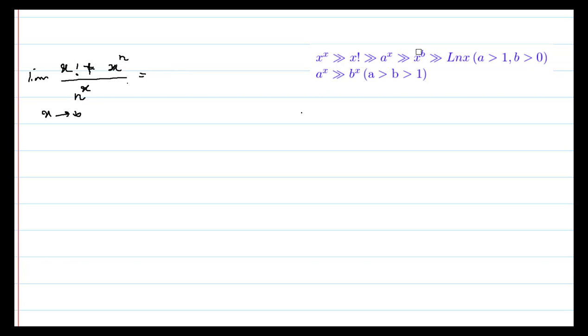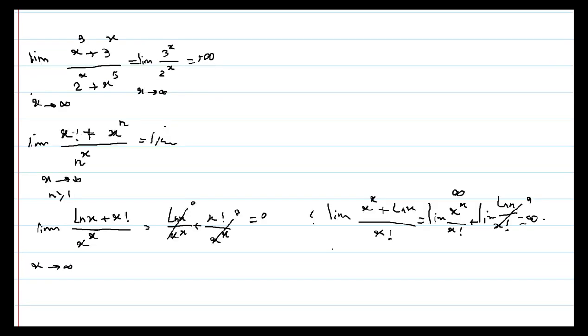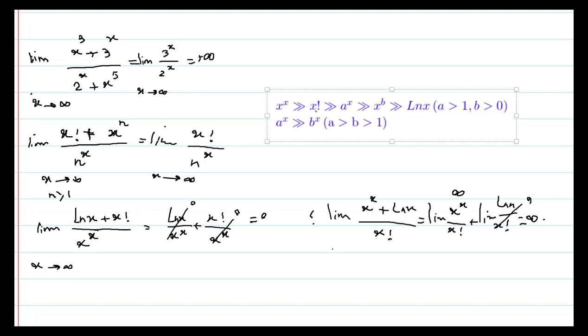So between x factorial and x^n, x factorial is stronger over n^x, because x factorial is in the second strength in power, so x factorial is more than n^x, and the limit is equal to infinity.